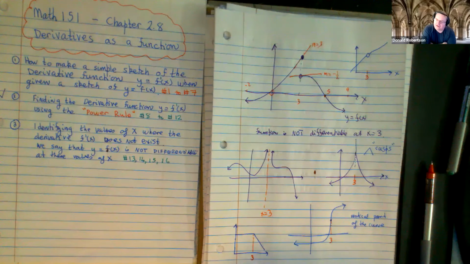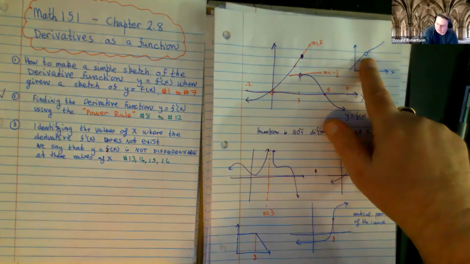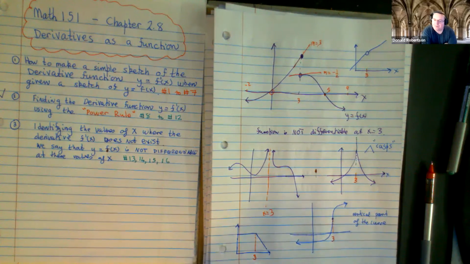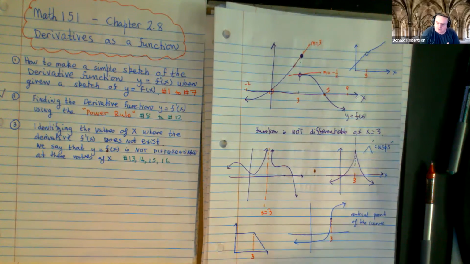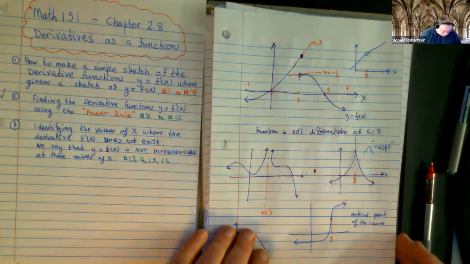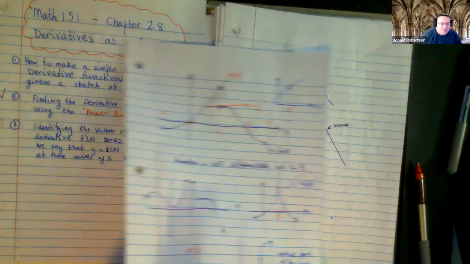If your function doesn't have a value, there's nowhere for the tangent line to touch the curve, because there isn't a curve where it wants to touch. Even though you can tell where it should be, that's still not good enough. So here is a family of things that will screw up your derivative. These are the places where a derivative can't be found, so we say the function is not differentiable.